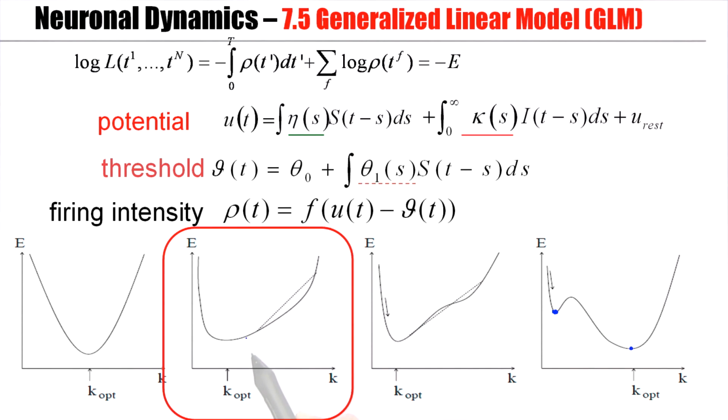It's a convex function, which has only one single minimum, which means we can use standard optimization procedures to go to the minimum. Convex means that if I put a connecting line between 2 points, it stays above the error function. So this case here is not convex. And this is also not convex.